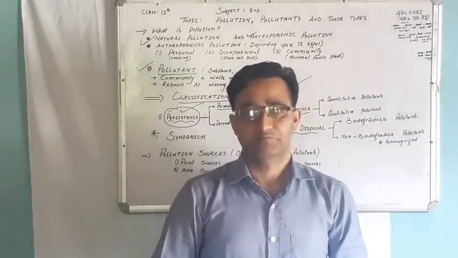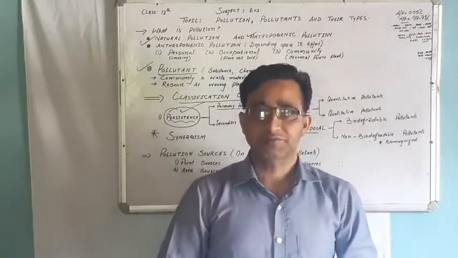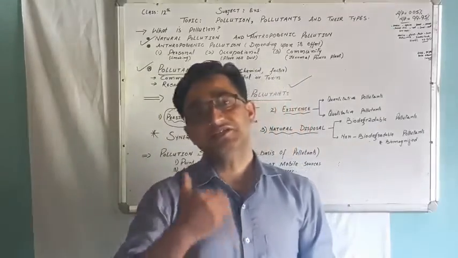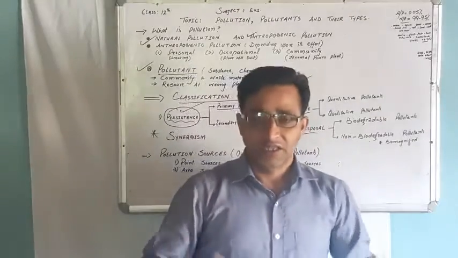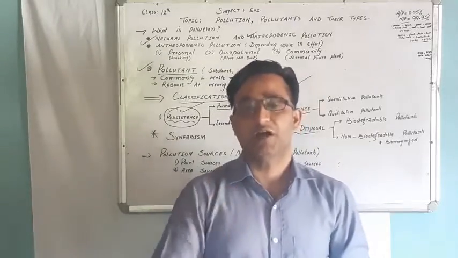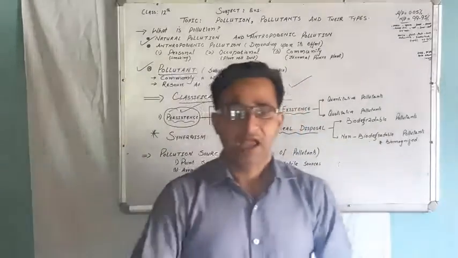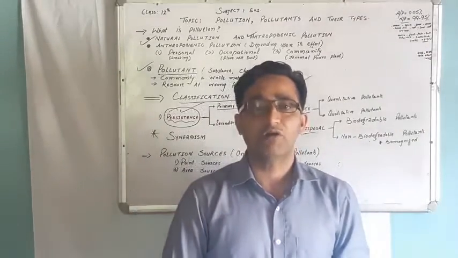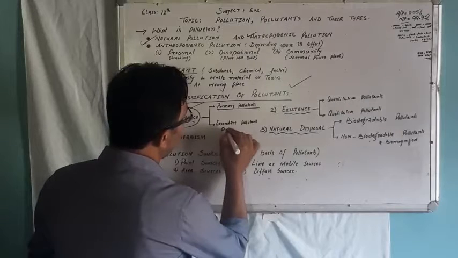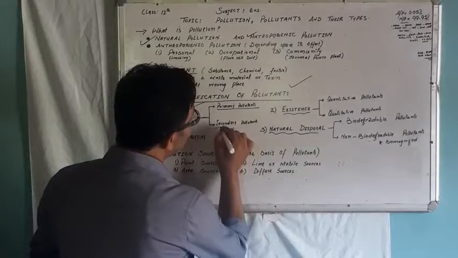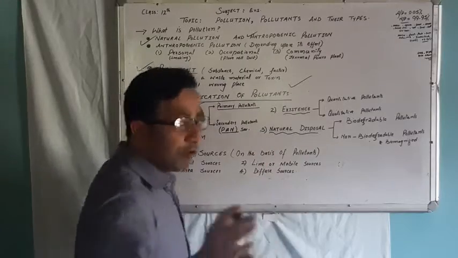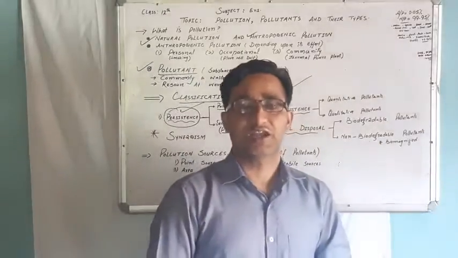For example, the hydrocarbons and the nitrogen oxides released from vehicles react with each other in the presence of ultraviolet radiation, leading to the formation of peroxyacetyl nitrate, यानी कि PAN. This is a secondary pollutant. इस तरह ozone is also a secondary pollutant.